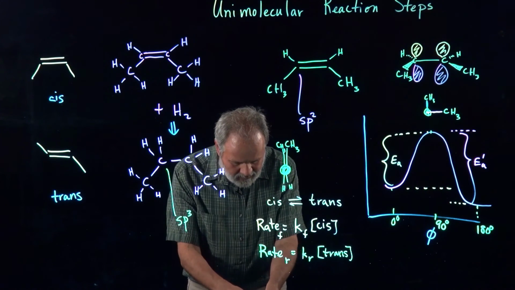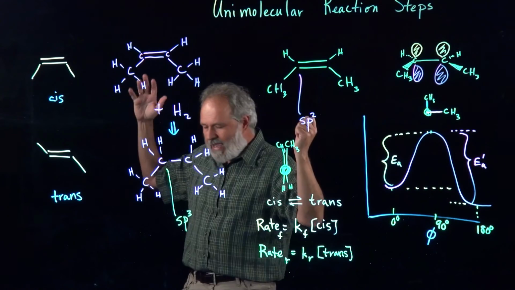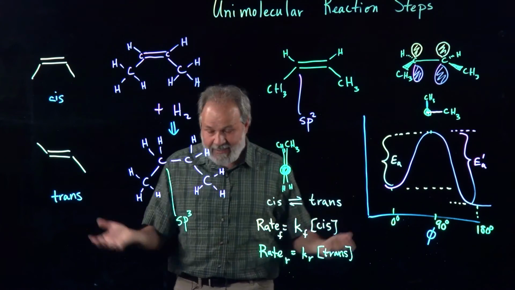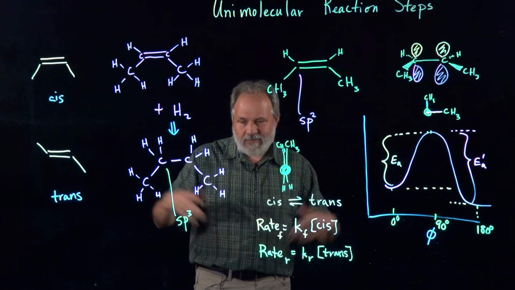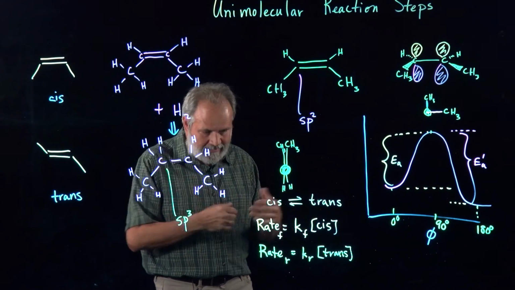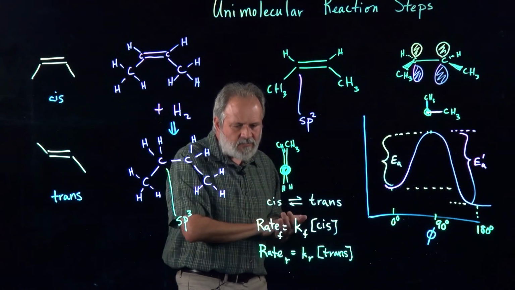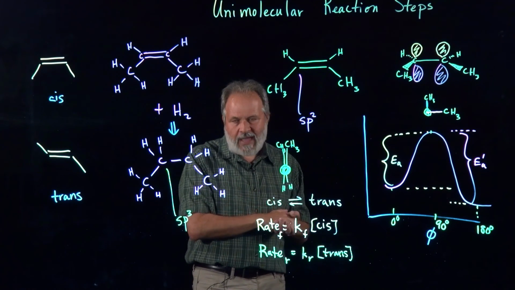Okay, so it's a real simple concept. If you have no cis molecules, you can't have any of them being converted to anything else. If you have no transes, you can't have any of them being converted to anything else because there are none. And what this expression says is it depends on the amount to the linear power.